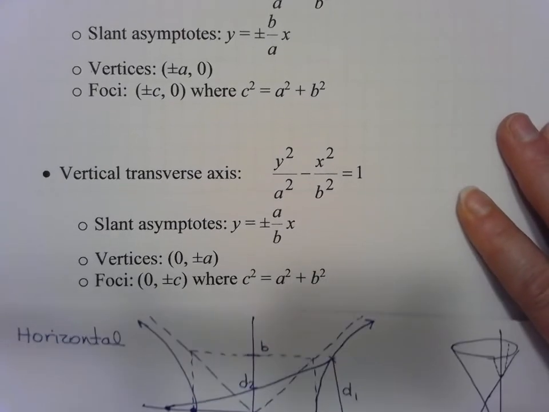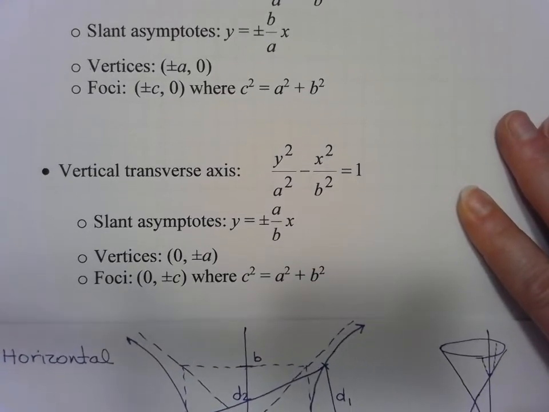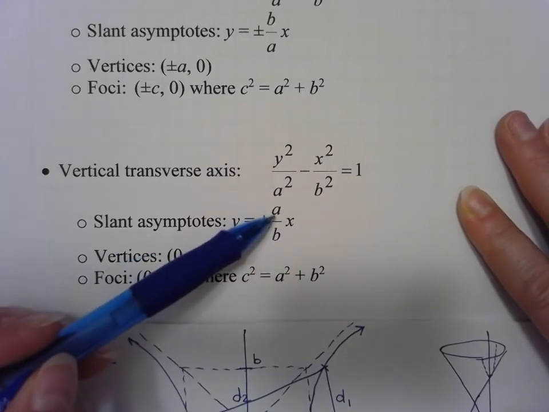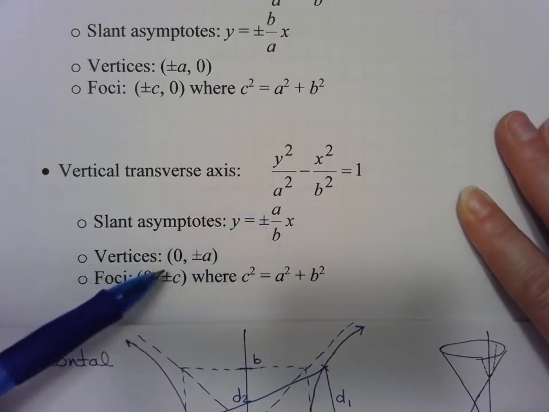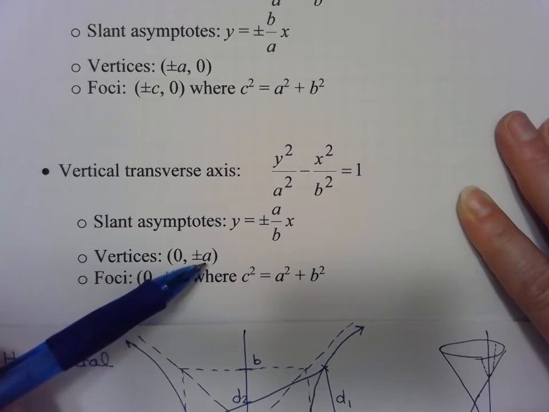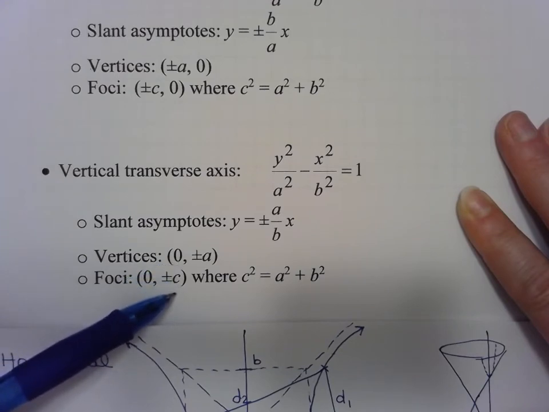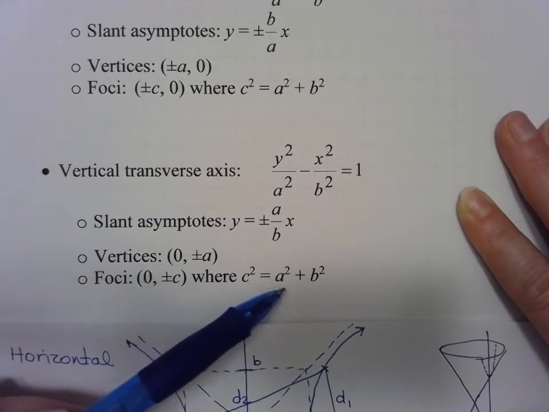We're basically saying the same things here, we've just taken this shape and rotated it. So the rise over the run is different. The vertices are on the different axis, so I have y values here of a. The focus is going to be on the same axis as the vertices, and this relationship for the C is the same.